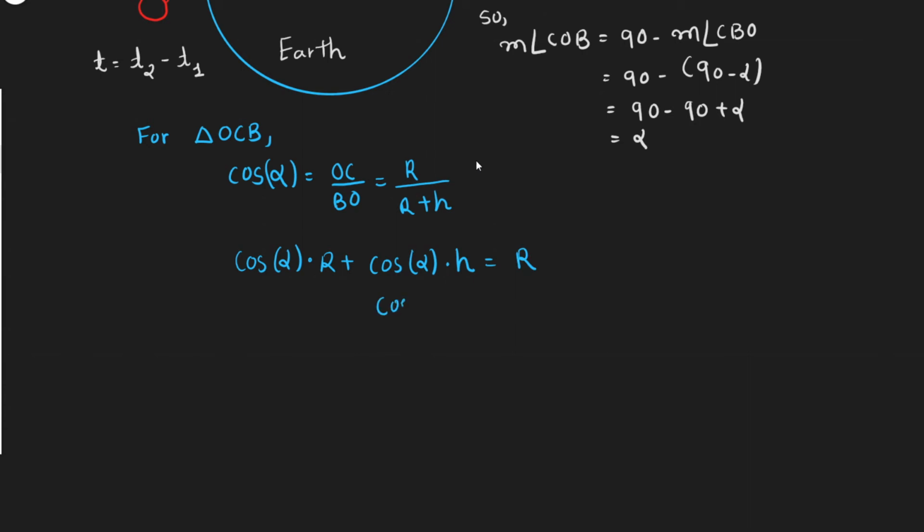So it leads to cos alpha into h is equal to R minus cos alpha into R. It leads to cos alpha into h is equal to R into (1 minus cos alpha).